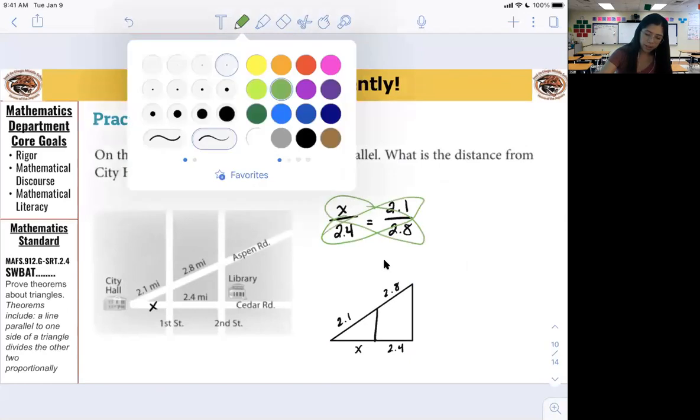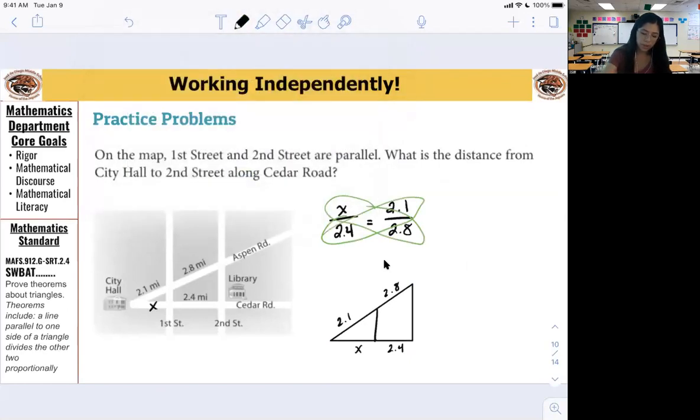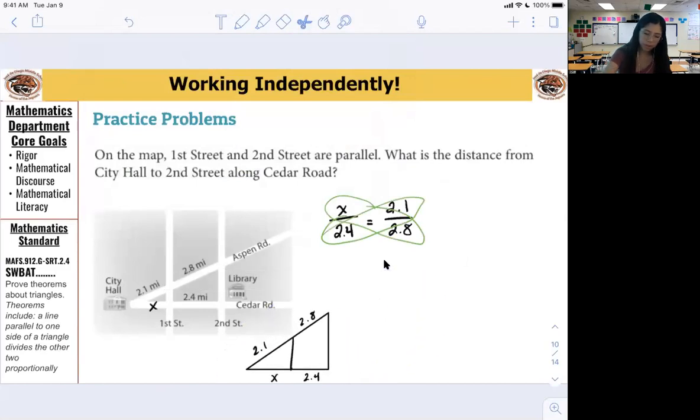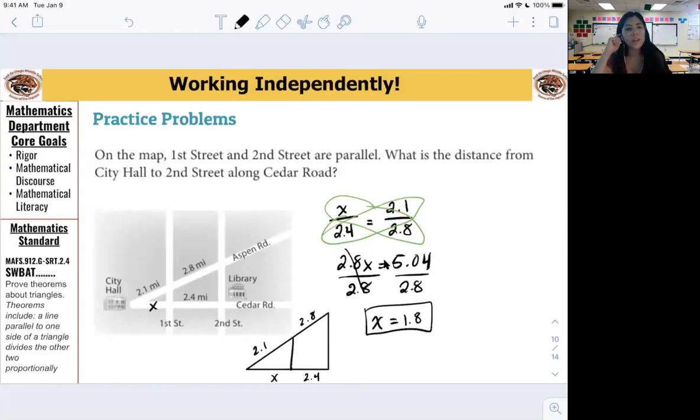What do we get? What's 2.1 times 2.4? 5.04. So I end up with 2.8x equals 5.04. Divide both sides by 2.8. What do we end up with? 1.8. Very good. Questions on this one?